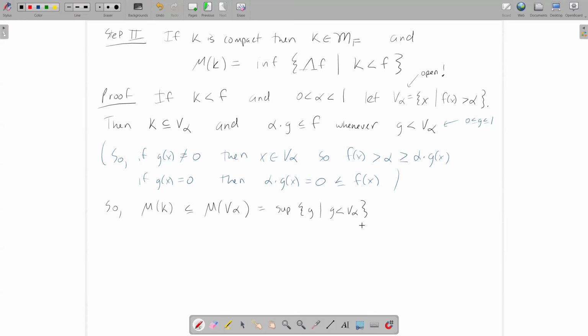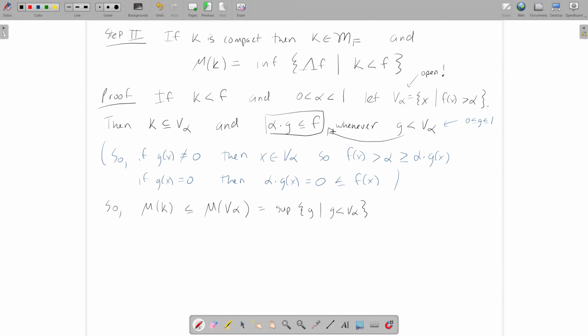so that means, flipping this inequality, which we have here, right? Flipping that inequality around, we get that g is less than f over alpha, right? g is less than f over alpha. Okay.